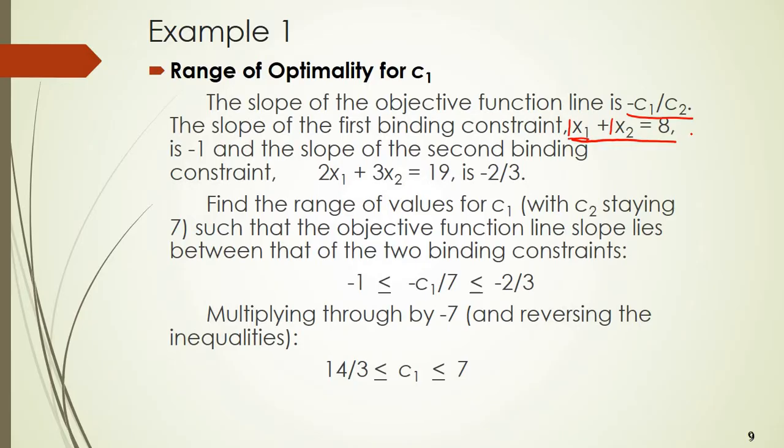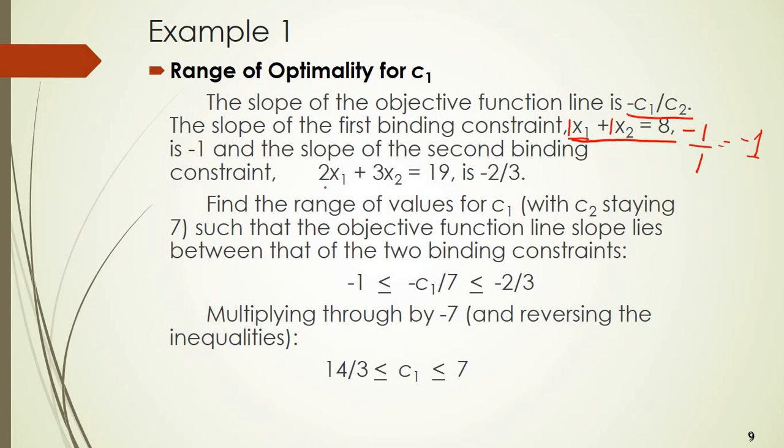So we have negative 1 over 1, or simply negative 1. So for our first constraint, the slope will be negative 1.